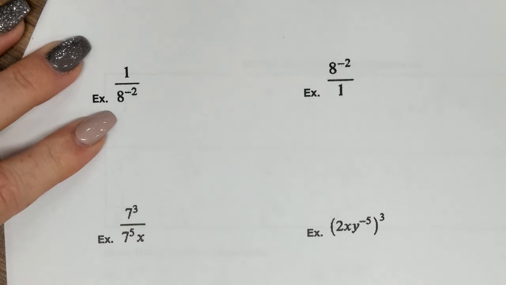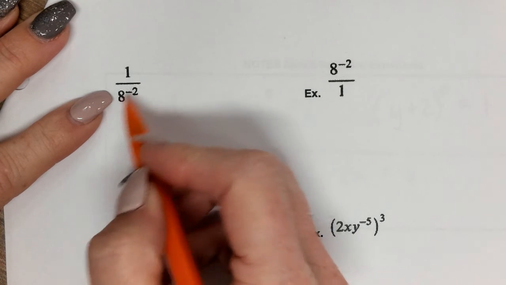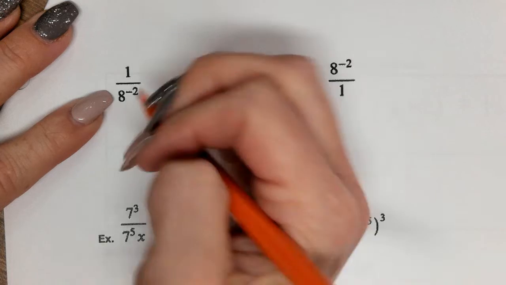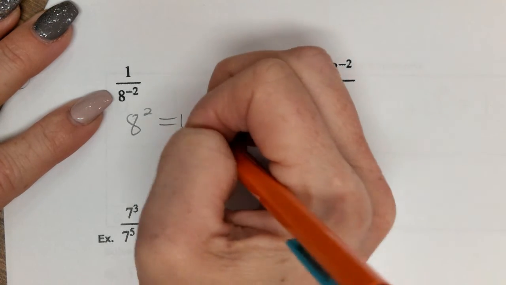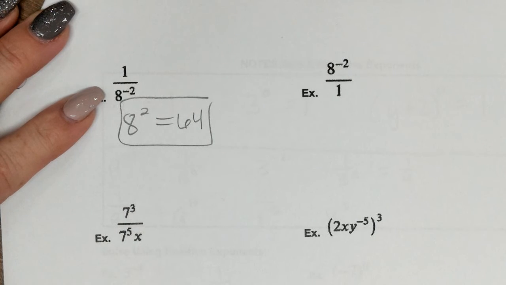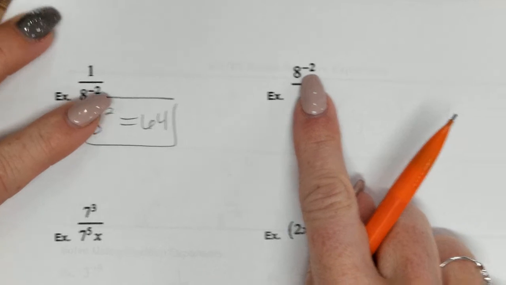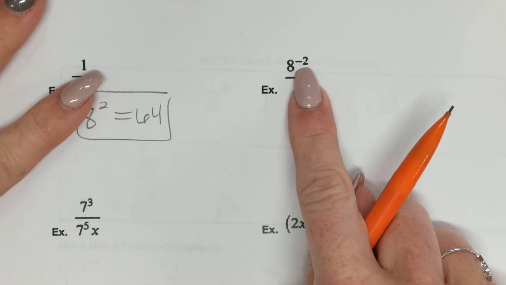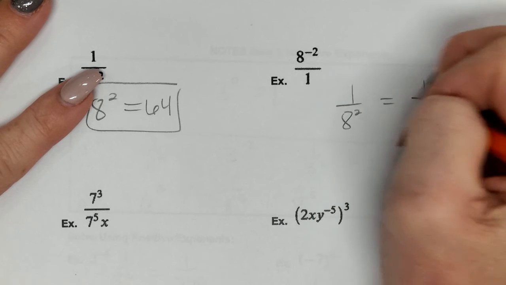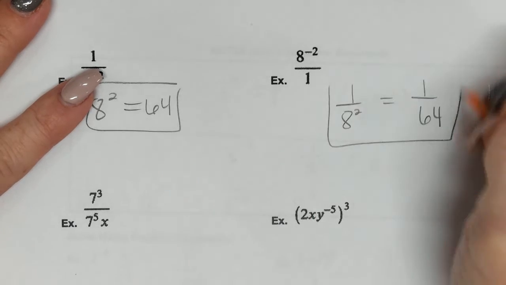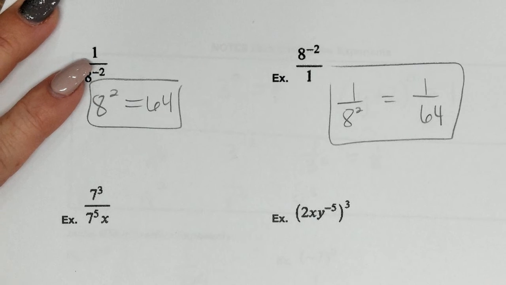Can you have a negative exponent? So since this is already on the bottom, where is it going to go? So it's just going to be 8 squared, which is the same thing as 64. Okay. Can you have a negative exponent? No. Since it's already on top, simply bring it to the bottom. So this is the same thing as 1/64. Both answers would be seen as correct.